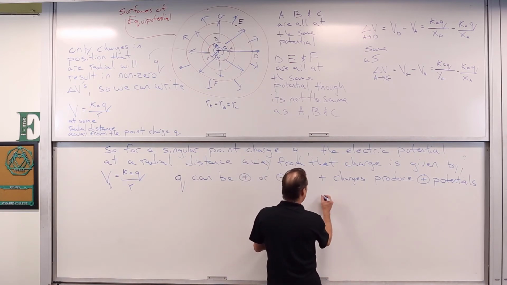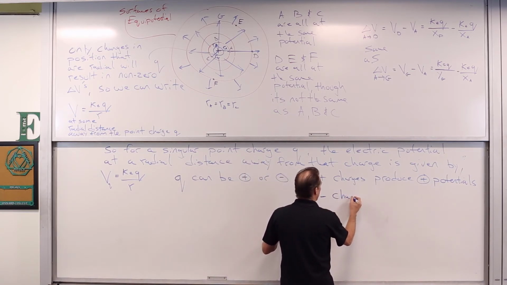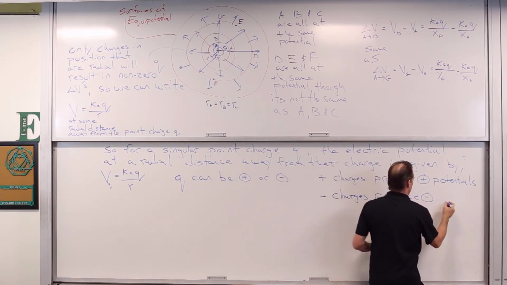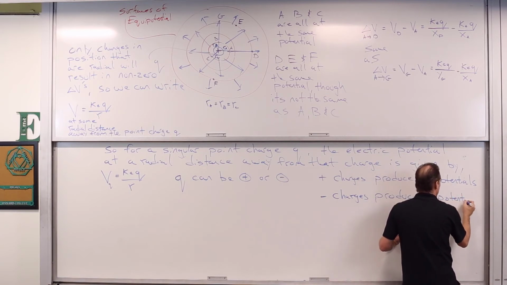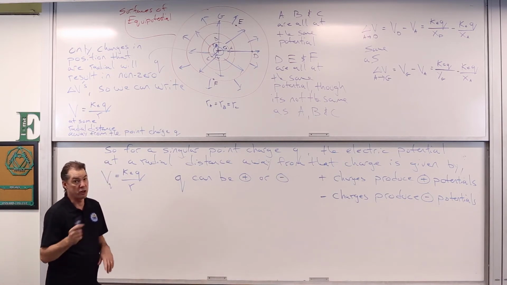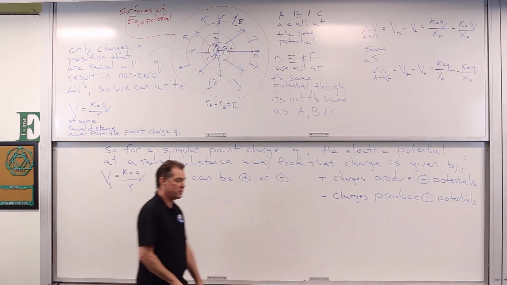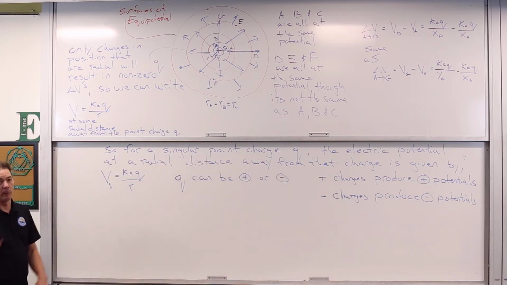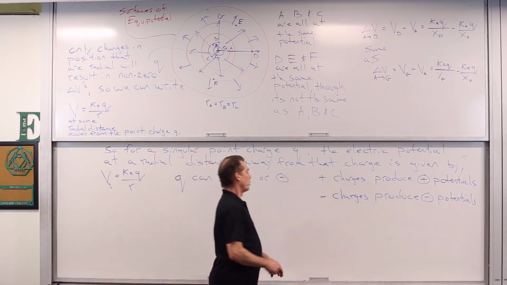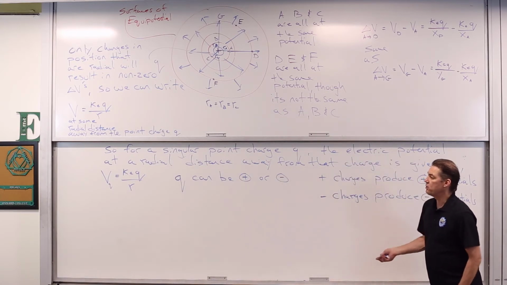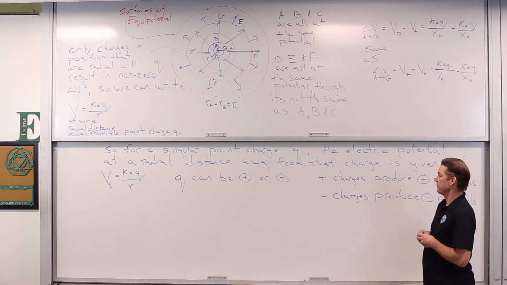And minus charges produce negative potentials. Still can be positive or negative in terms of the potential difference between two locations, but that's really dependent on which way you're moving. Moving in the direction of the electric field, you'll be moving from high to low, thus through a negative potential difference, or moving in the opposite direction of the electric field from low to high, thus through a positive potential difference.